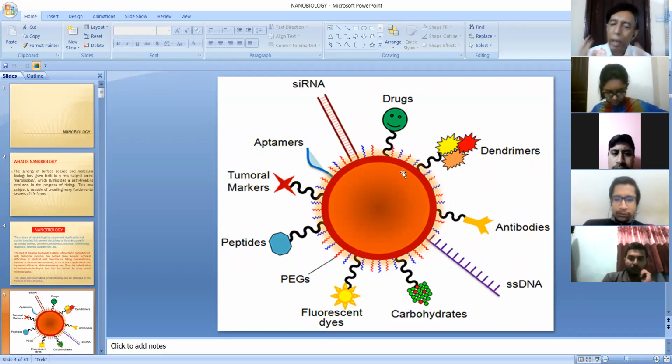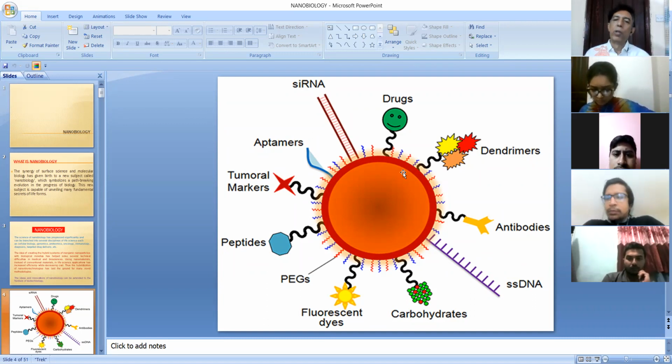Then you will get a nanobiomaterial. And you can use that nanobiomaterial in different fields. We'll see some of the fields later.